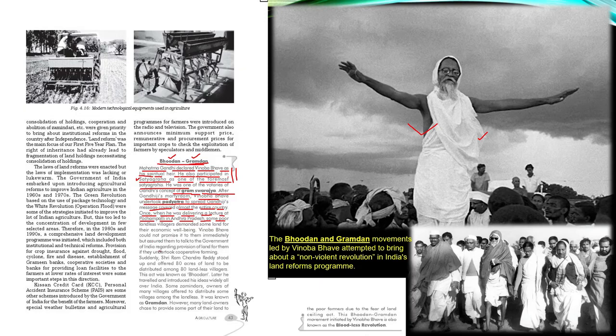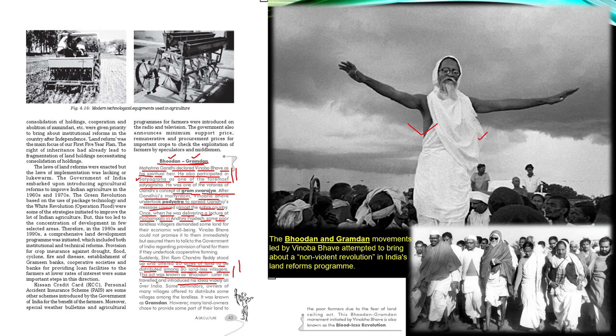And suddenly, Sri Ramchandra Reddy, out of the crowd, stood up and offered his 80 acres of land to be distributed amongst 80 landless villagers. This act was known as Bhudan. That means giving away your land to the landless farmers. So this act was known as Bhudan.